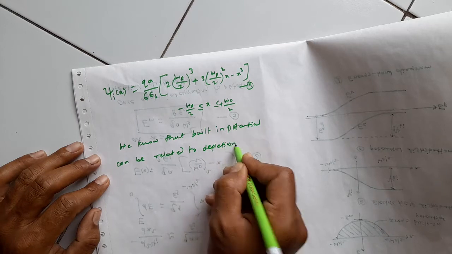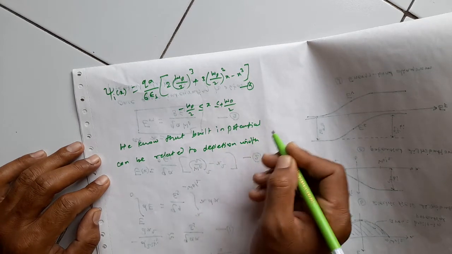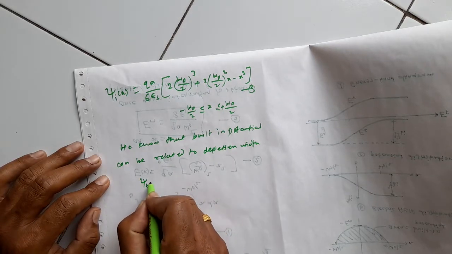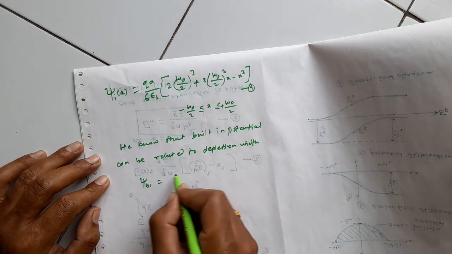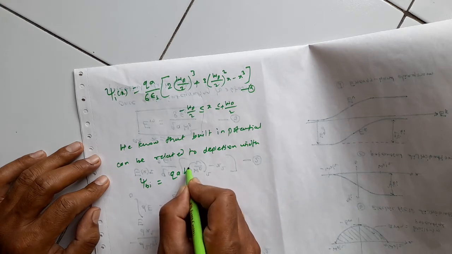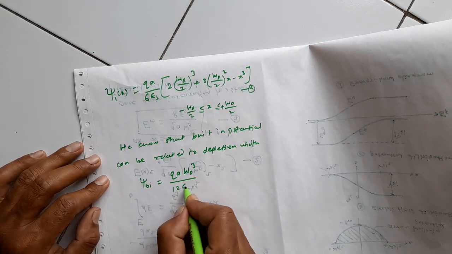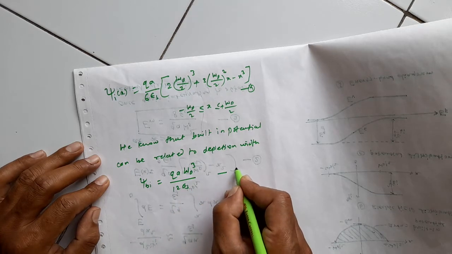At x is equal to 0, if we substitute, we will get the built in potential, that is psi b i is equal to q a w d cube upon 12 epsilon s. So, this is equation number 5.